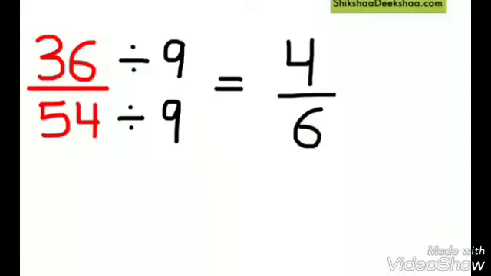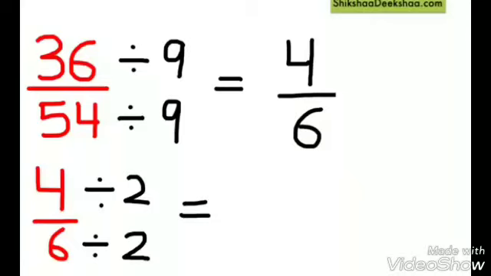But after dividing 36 and 54 by the biggest number we could think of, we got 4 by 6. It is not in the lowest term, because we can see that there is a number 2 which can divide both 4 and 6 without leaving a remainder. So we need to simplify this 4 by 6 further.